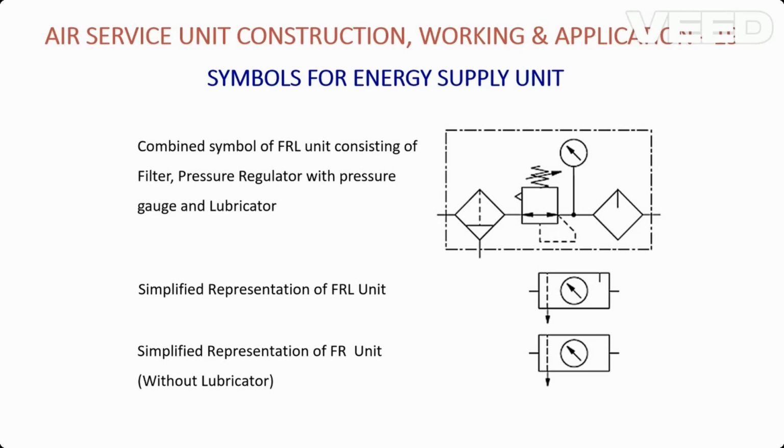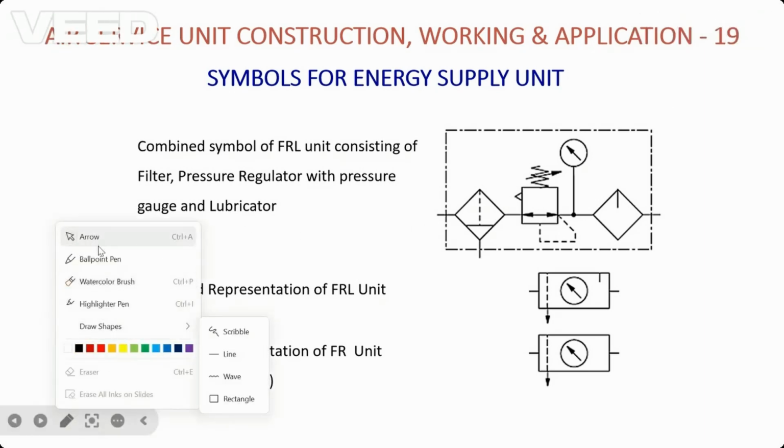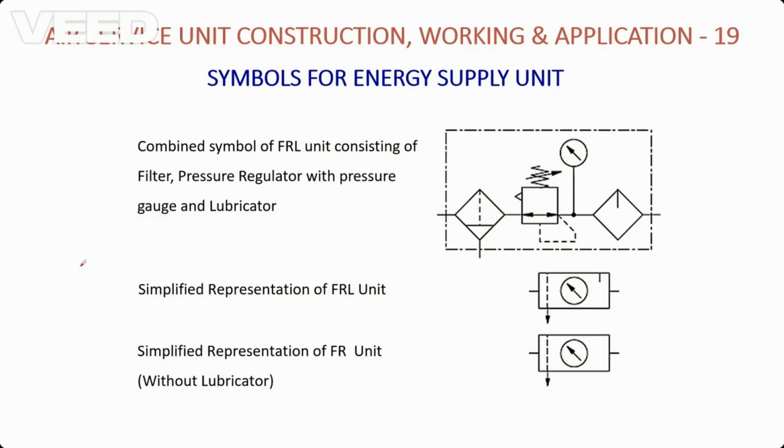All these components are connected in series one after the other. We call this the FRL unit also. The below symbol is the simplified version: filter with the drain, pressure regulator, and lubricator with input and output.